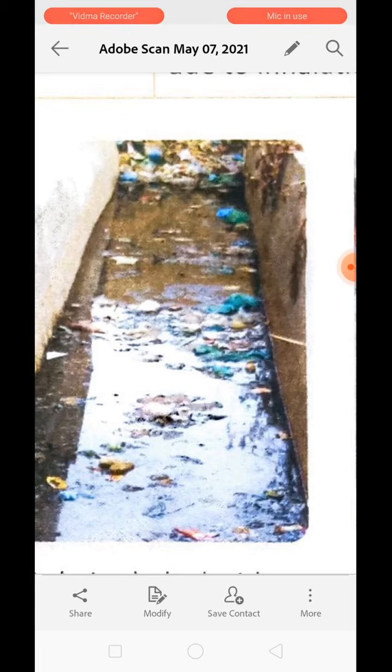Understood? Now, a choked sewage system also does not allow rainwater to seep into the ground, causing a problem in recharging the groundwater as well.